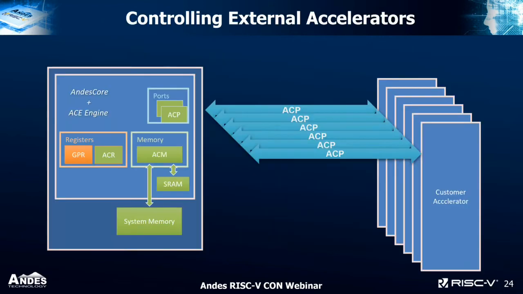Another thing that's possible is to add control ports, custom ports. When my processor doesn't have enough horsepower, we could control multiple external accelerators. This might be typical in a graphics engine or AR, VR type of applications, where you want to have a dedicated path or a processor, because a custom accelerator could be a processor.